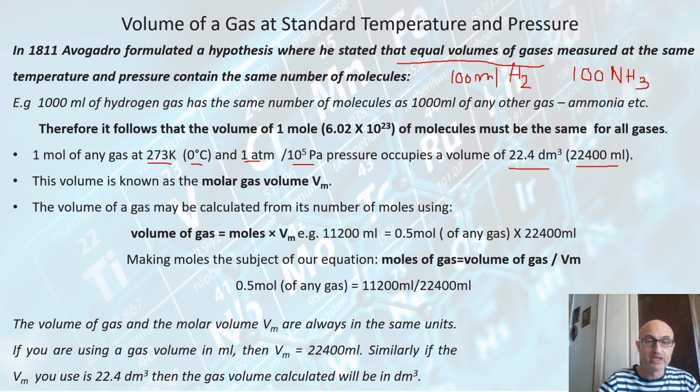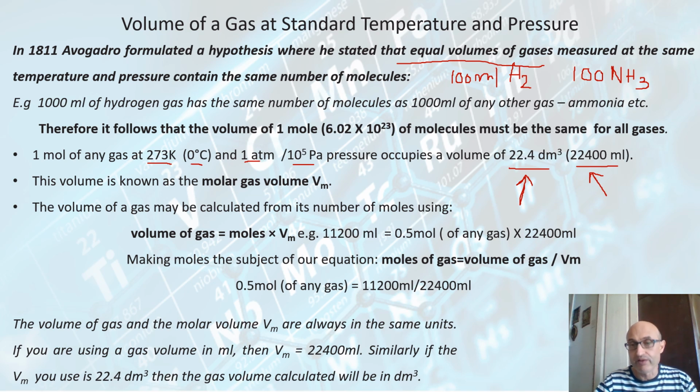So do know that a temperature of 273 Kelvin, or 0 degrees Celsius, is standard temperature. Standard pressure is 1 atmosphere or 10 to the 5 pascals. So, if I had a gaseous volume, and it can be any gas, that gaseous volume is equivalent to 22.4 liters. Decimeters cubed is the same as liters. Now 22.4 liters, as you well know, is the same as 22,400 mils.